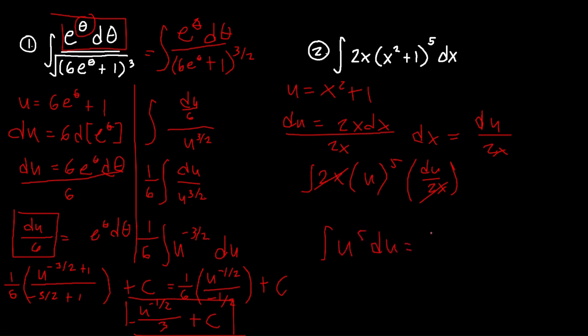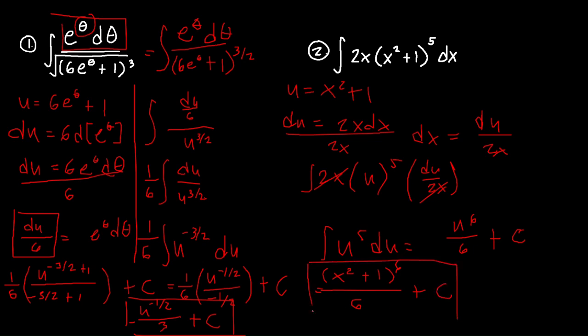And once again, we can integrate that by using the power rule, and that is going to be u^6/6 plus c. Remove the integrand here. And we can replace u back to (x squared plus 1) to the power of 6 over 6 plus c. And that is our final answer.